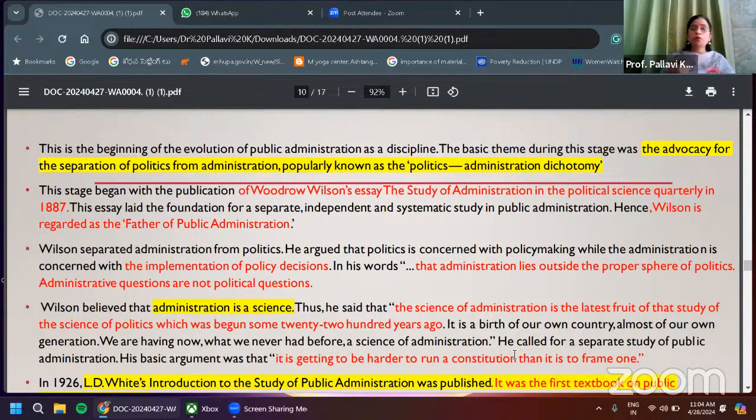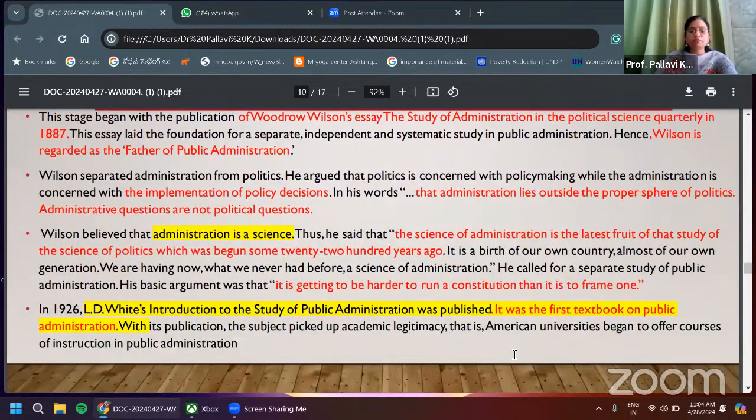Then you should be able to tell that he was the first person who advocated the politics-administration dichotomy, and he has written an essay which was published in the year 1887. Therefore, since he has laid the foundation for the emergence of a separate, independent, systematic study of public administration, he is known as the father of public administration.